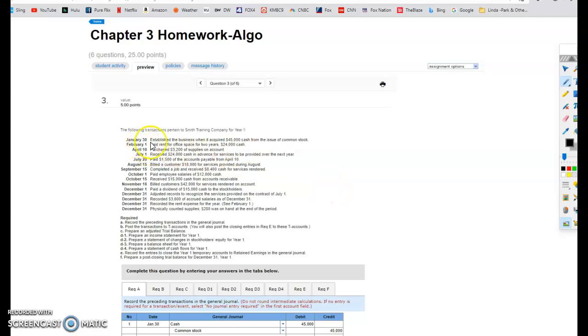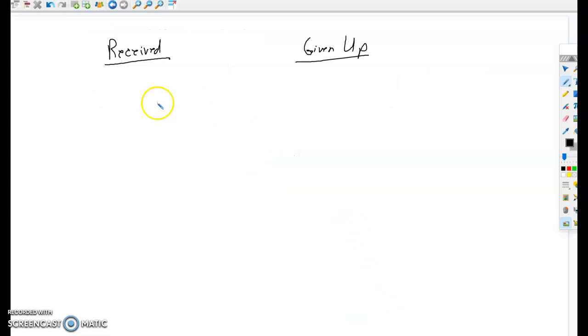Of course, you're going to have different numbers than this demonstration problem. But on January 30th, they established the business when it acquired $45,000 of cash by issuing stock. So let's look at what did the company receive? Well, they got money, right? They received cash, $45,000 of cash, and they gave up stock certificates. The stock certificates will just say that's common stock.